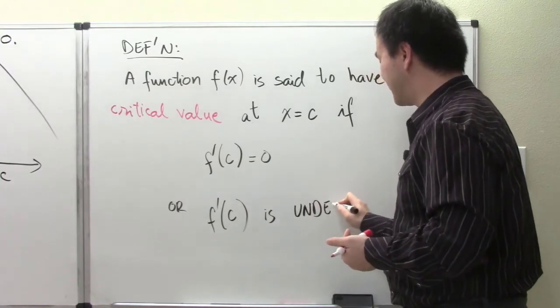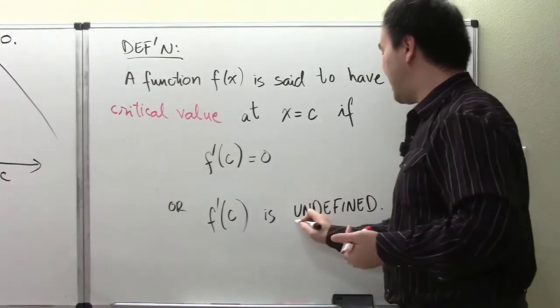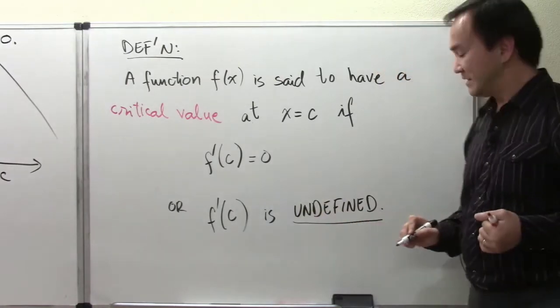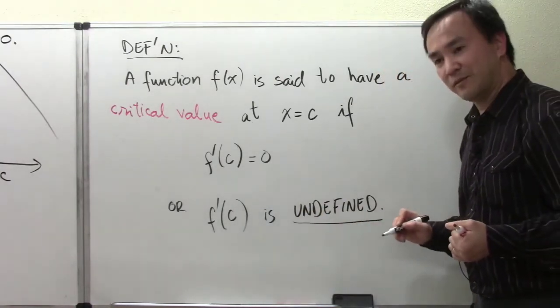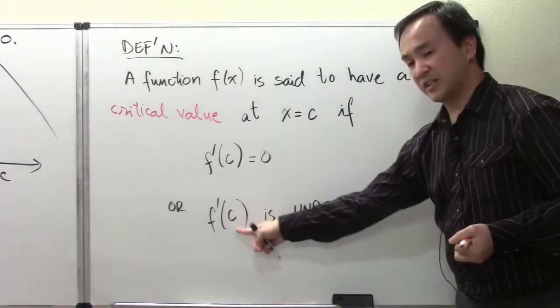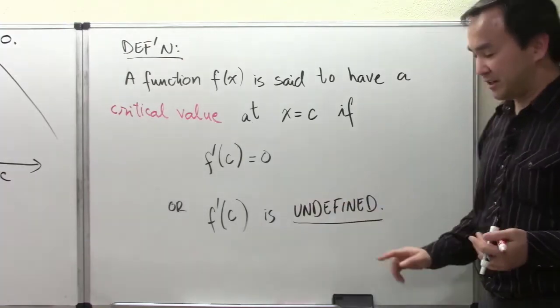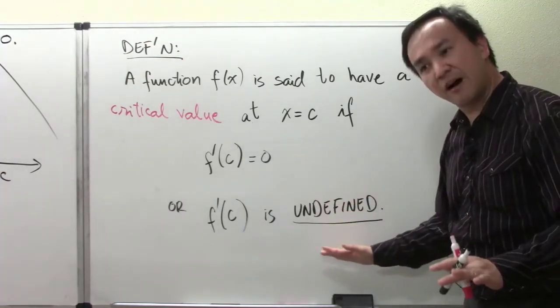Being undefined means we don't have a slope of the tangent line at that point. We don't see this case as often, but it does happen.